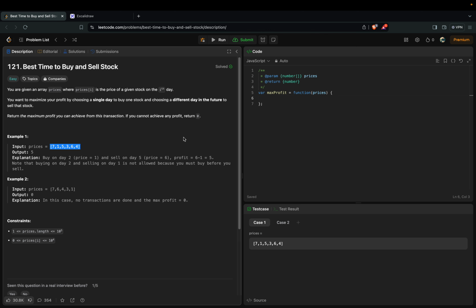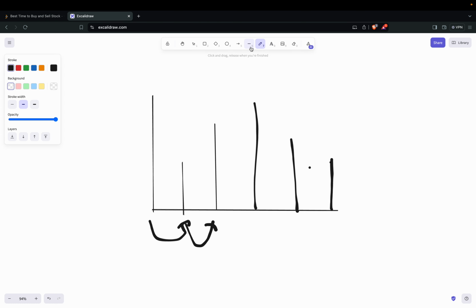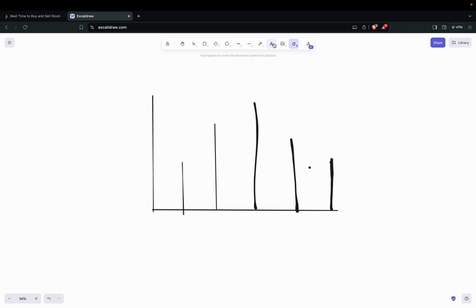We can take this as L and this as R. If we compare this L and R, and L seems to be greater, then it is understood that the answer would be negative.